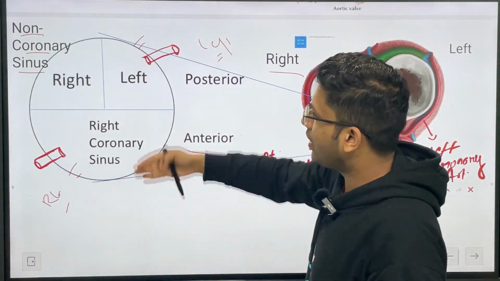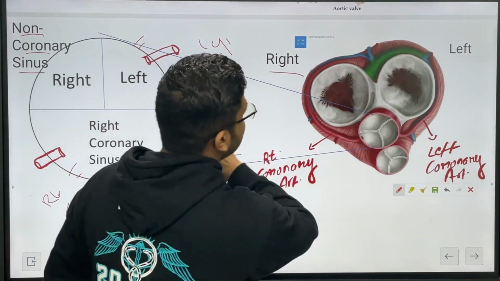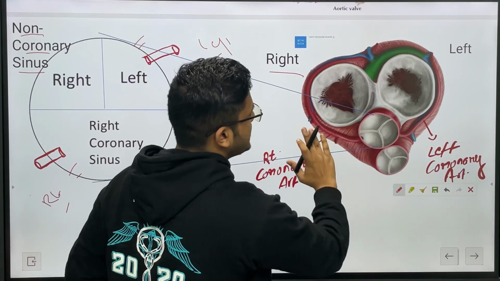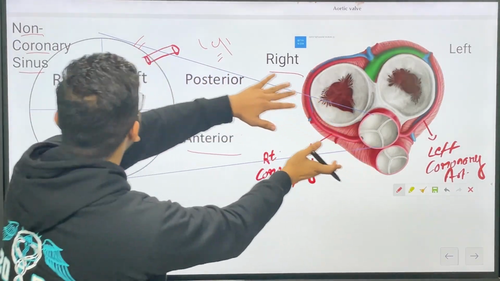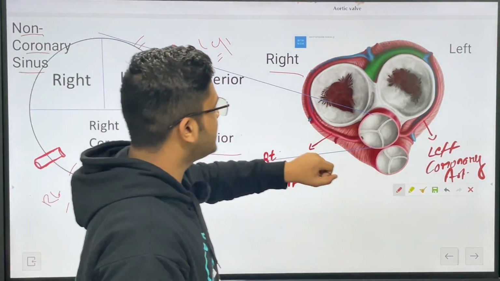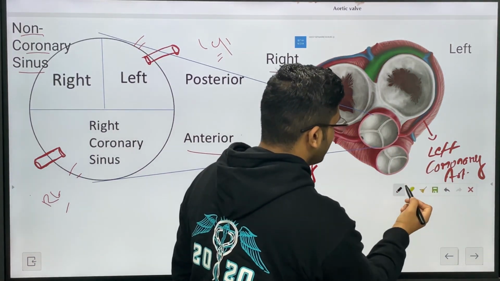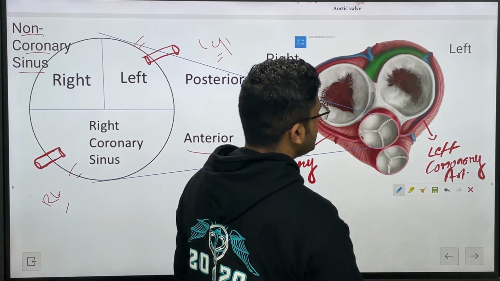It's the transverse section of the heart, and this is your aorta. This is the transverse section of your aorta. Here you will see that I have magnified it and shown it here. This is magnified here, and we will discuss here also. You can see this artery which is coming out from the left coronary sinus.